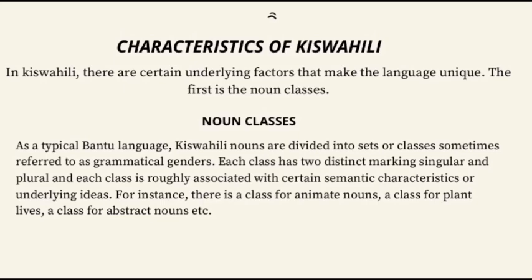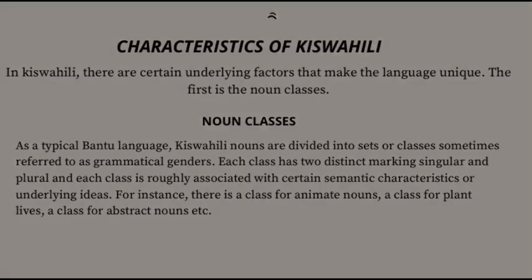For instance, there is a class for animate nouns, which in the layman's view we say humans. There is a class for plant life, a class for abstract nouns, etc. We will go into details of the classes in our next lesson.